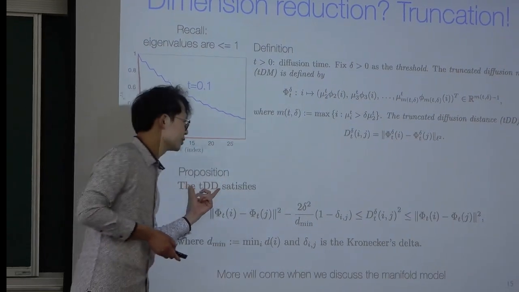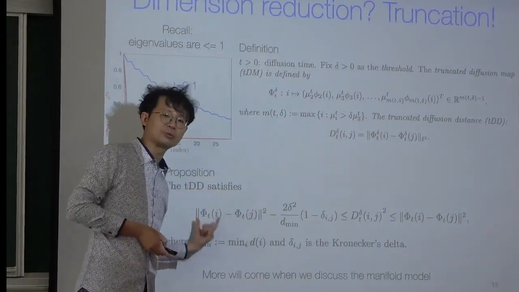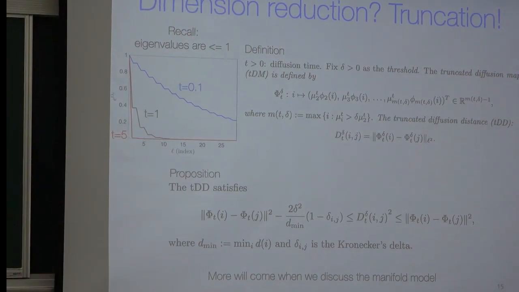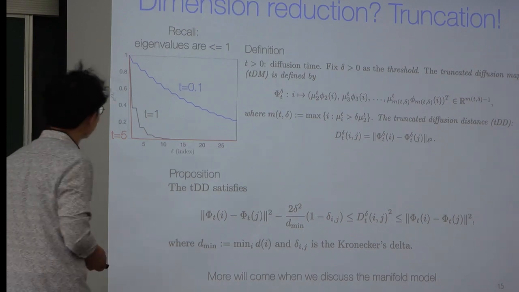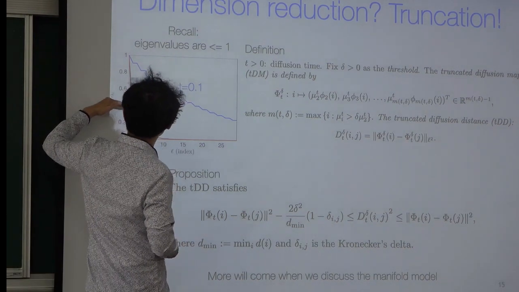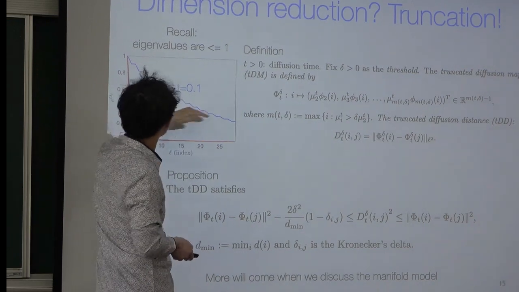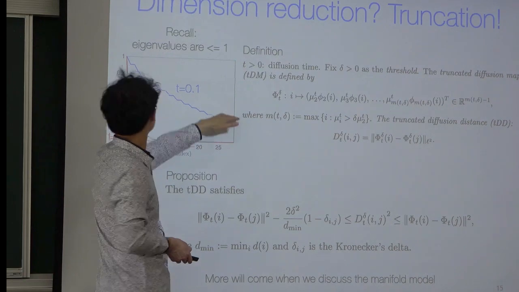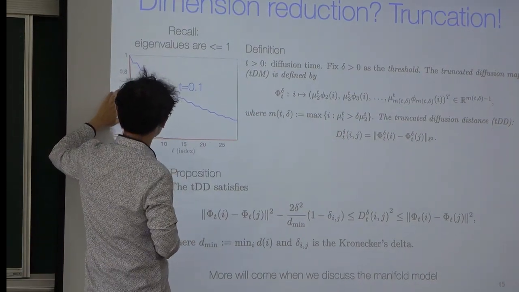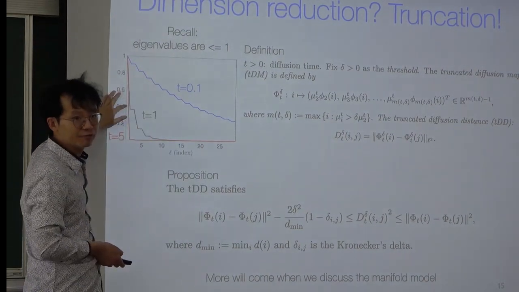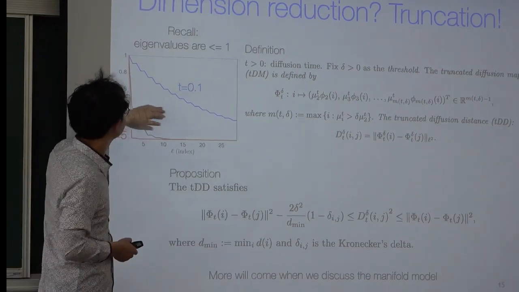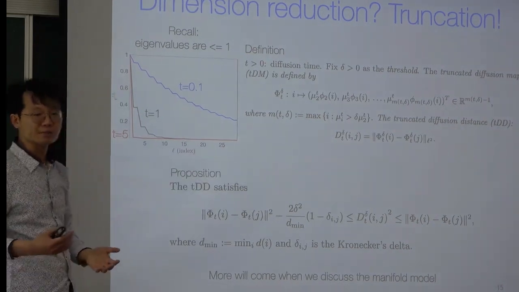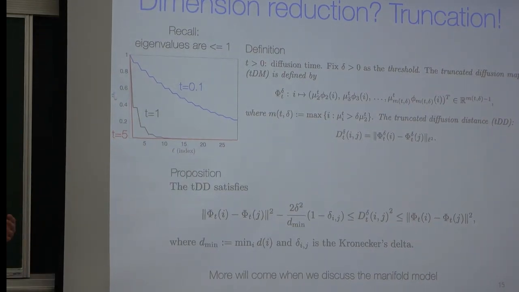Then the truncated diffusion distance has some good properties that you can capture. If you define some threshold and you diffuse for a long time, then you will only use the first few eigenvectors. But if you diffuse for a very short time, you will use many eigenvectors. And the more eigenvectors you have, the more you can capture the local geometric behavior.